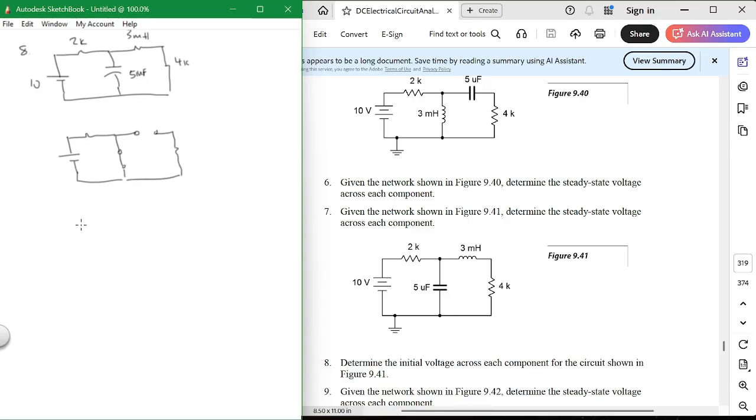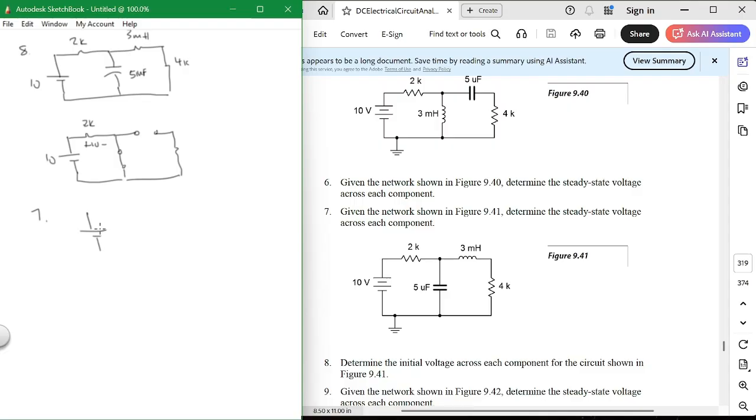So we have the exact opposite of what we had before. So number 8 is just like number 6. Here's my 2K up here. Short, nothing, 10 volts, 10 volts. All right, so number 7 is what? Final conditions. Final conditions are what?